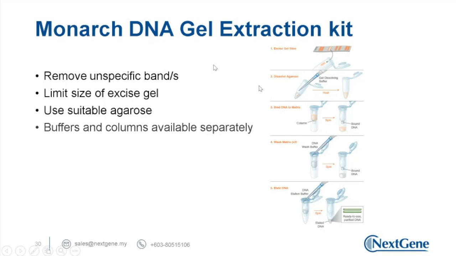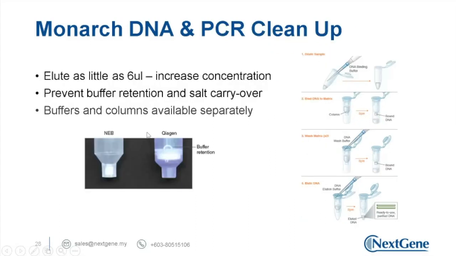So therefore, in order to increase the concentration, one of the suggestions is to elute with less elution buffer. For example, certain kits give you a range of how much solution you can elute. Let's say you can only elute with 50 microliters, compared to another kit where you can elute with, let's say, 10 microliters.